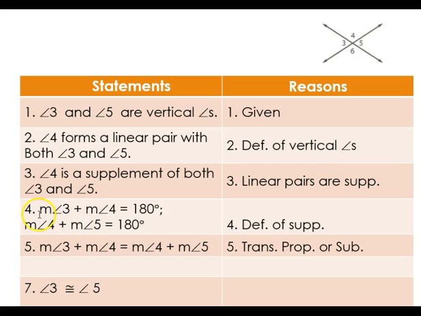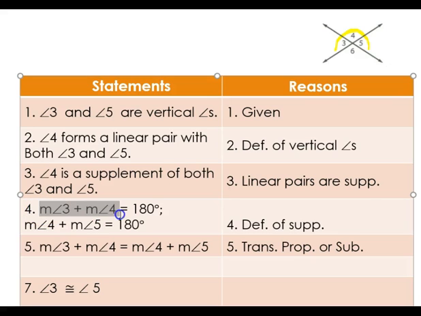In step 4, we can also say, besides 3 and 4 being supplementary, we can state that 4 and 5 are supplementary. For step 5, we now state that the measure of angle 3 plus the measure of angle 4 equals the measure of angle 4 plus the measure of angle 5.